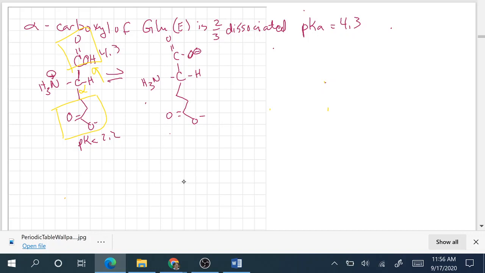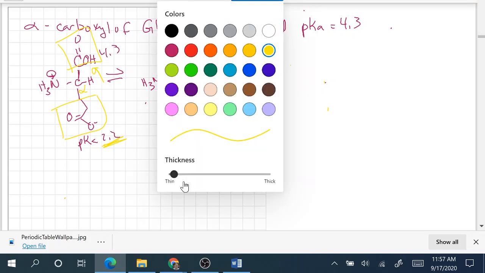So the bottom group, the R group carboxyl, has a pKa of 2.2, and therefore it will be fully dissociated when the alpha carbon group is 2/3 dissociated. So we don't need to consider the contribution of the R group carboxyl on this problem.